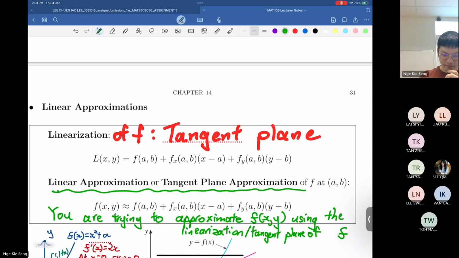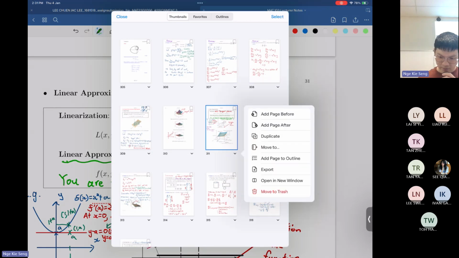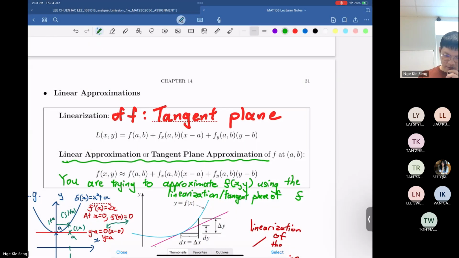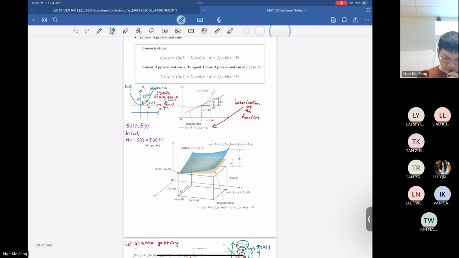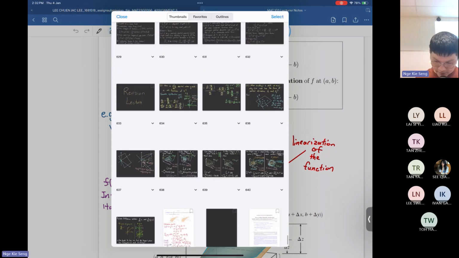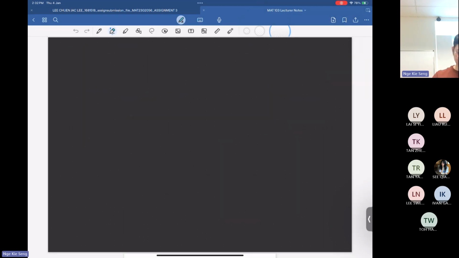Okay, so let me give you an example. One object we have seen before is z equals x squared plus y squared.